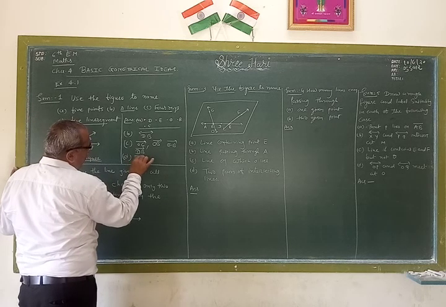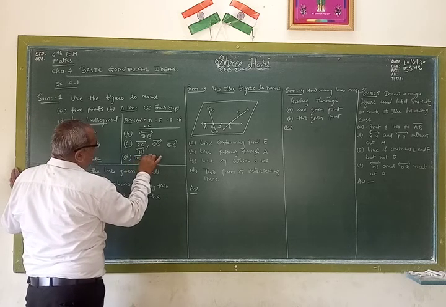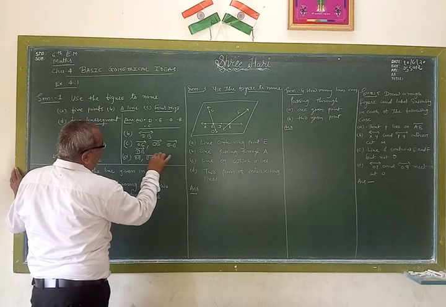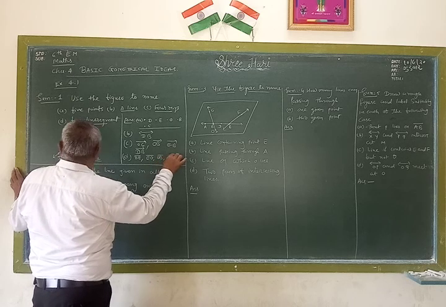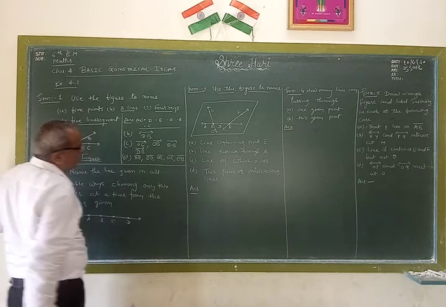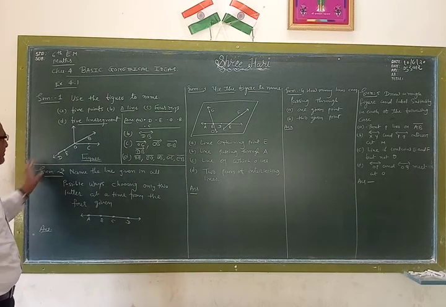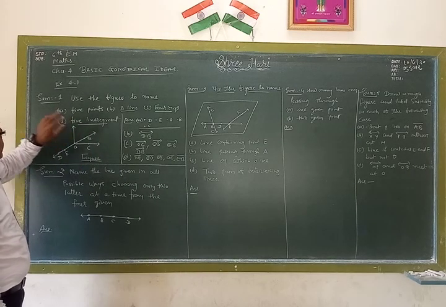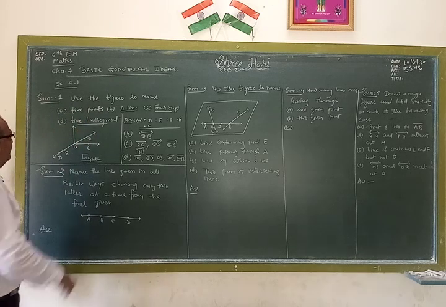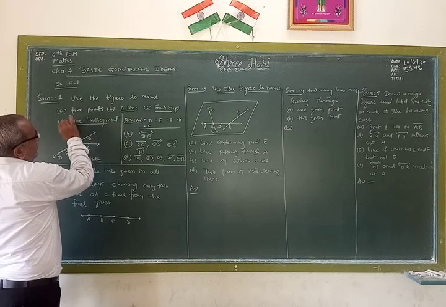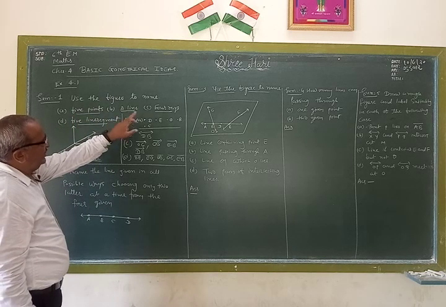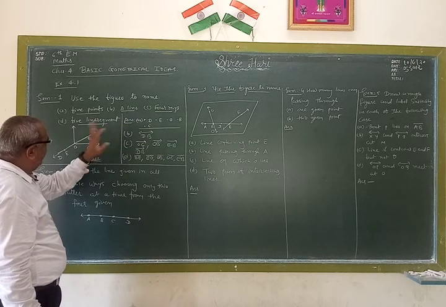So first line segment DE, line segment EO, line segment OB, line segment OC, line segment EB. These are the names of line segments. So friends, sum number 1, use the figure to name. We gave the 4 answers of 4 questions: 5 points, line, 4 rays and 5 line segments.